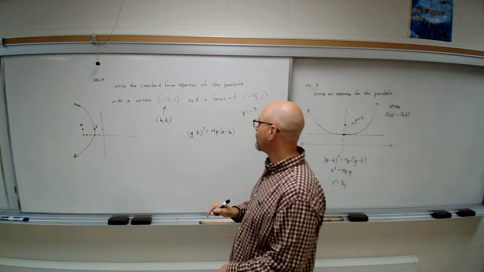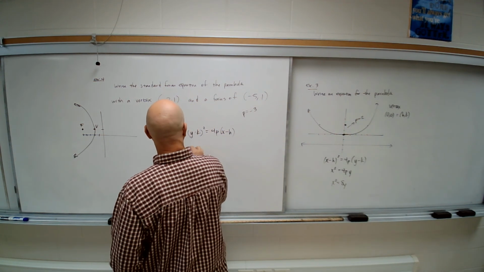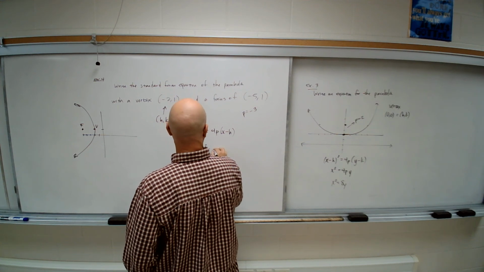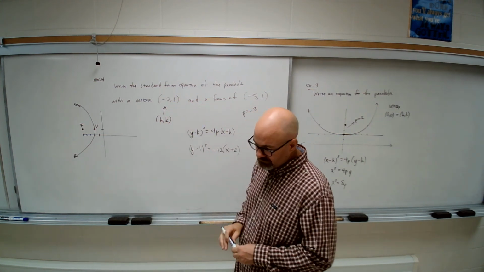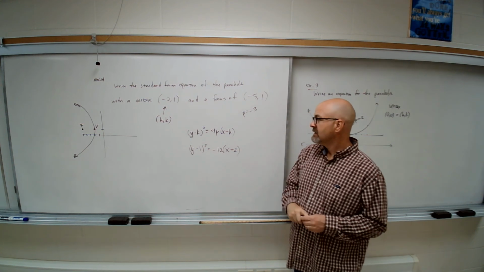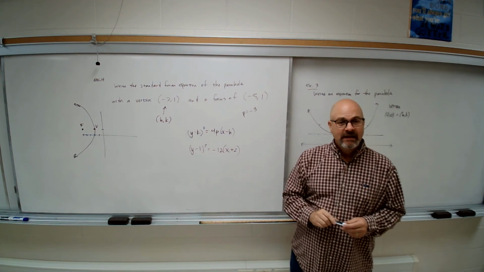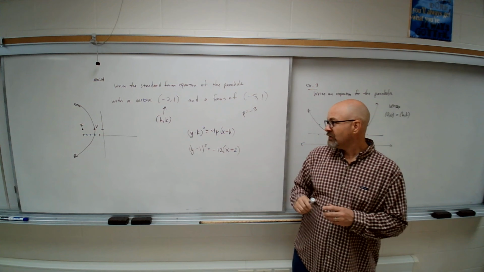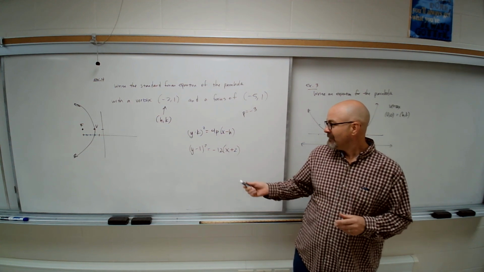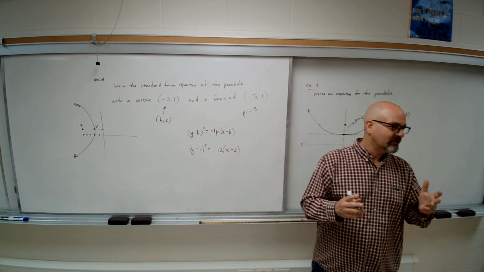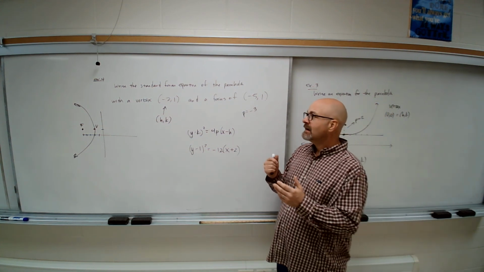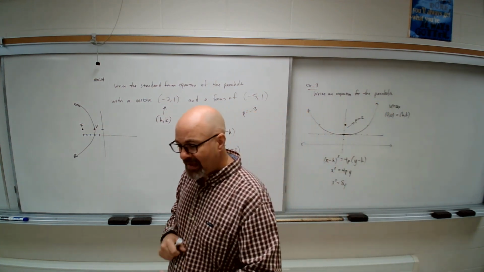Okay, so then here we get (y minus 1) squared equals -12(x plus 2). So that would be our equation. Now, if you really want to check it, you could try to get it to say y equals and graph it. It would show you half of it. You could match some points up, something to try. But really, hopefully that makes sense there.